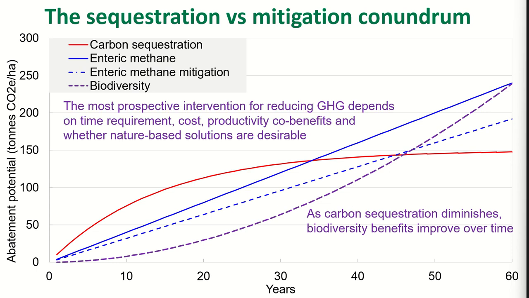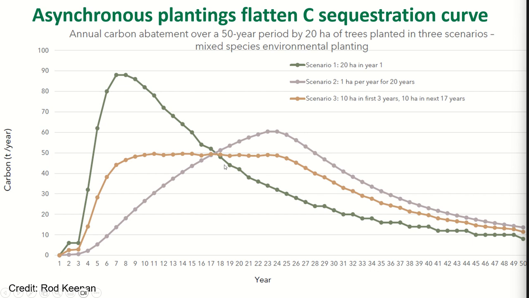So if you're planting trees, it really depends on what your aspiration is. Is it for productivity benefits? Is it nature-based solutions? Is it carbon sequestration? Or is it something else? If it's for carbon, and I got this slide from Rod Keenan at the University of Melbourne, you want to think about, well, how much do you plant? And can you have something like asynchronous plantings?